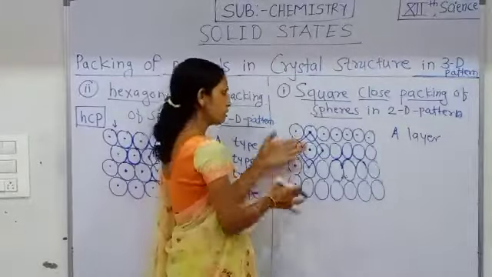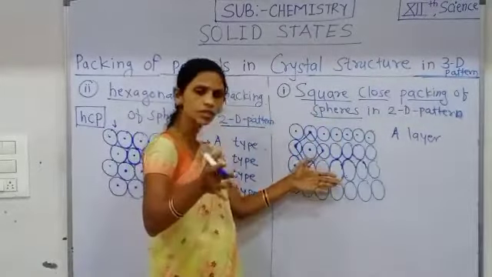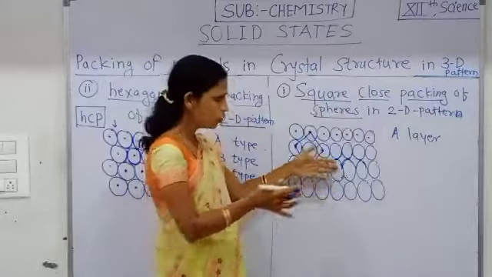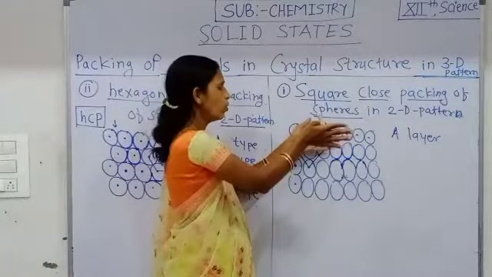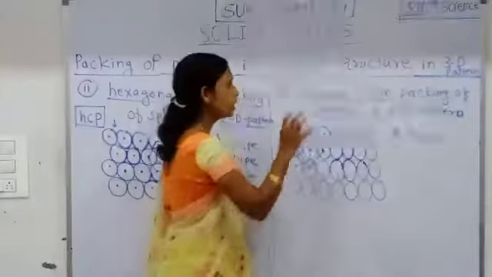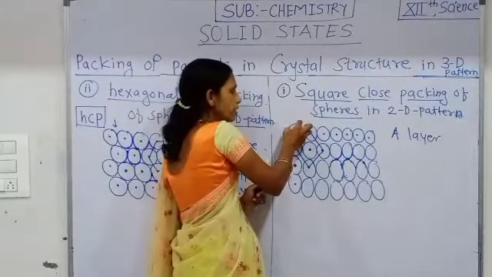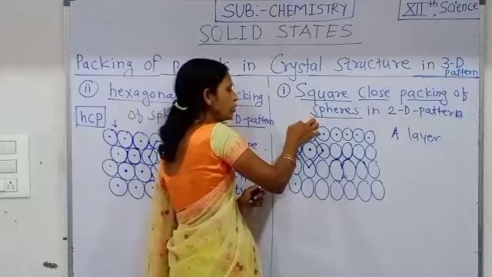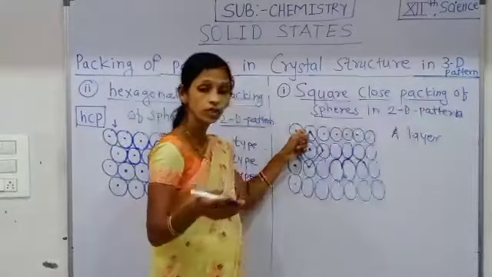Consider that the same layer is arranged over the first layer such that the spheres in the second layer get exactly aligned to the spheres in the first layer.